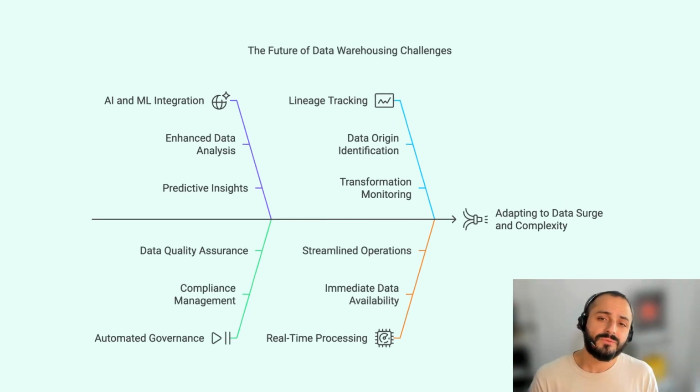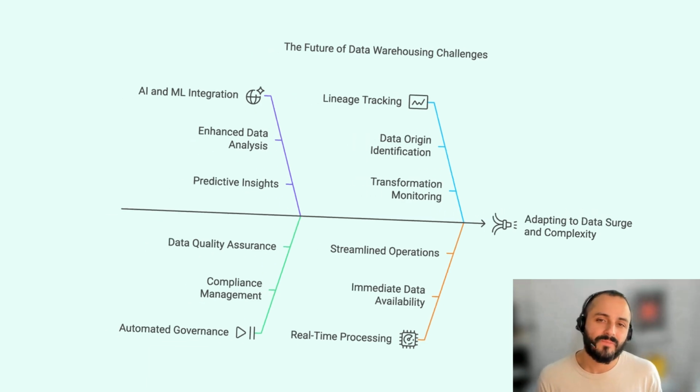As data volumes and complexities continue to surge, the next wave of innovation is likely to center around even tighter integration with AI and machine learning, more automated governance and lineage tracking, and a continued push towards real-time data processing as the default rather than the exception.